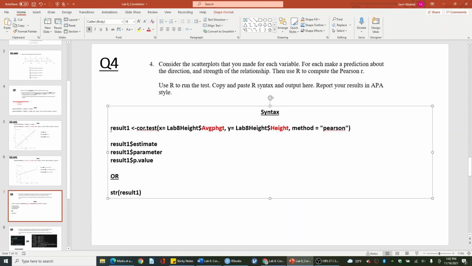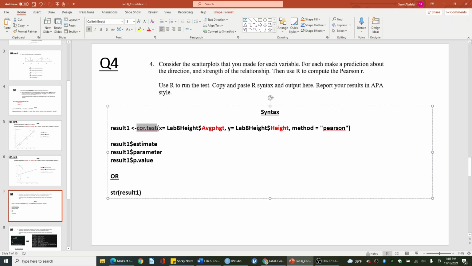And so these are our 2 variables here, average parent height, and then the height of our subject. I'm going to name this result 1. You'll see there's also syntax for a result 2 and then result 3. You can name this whatever you want as long as you remember which question it corresponds to.